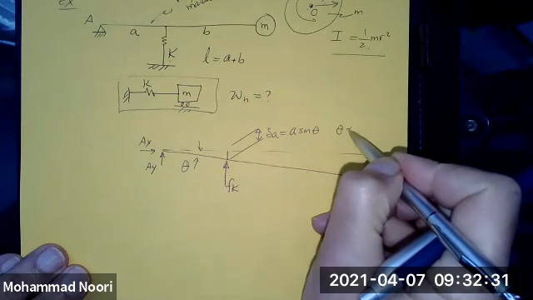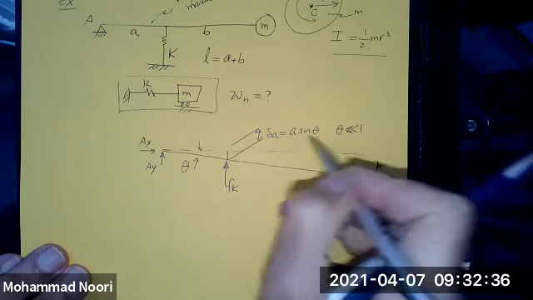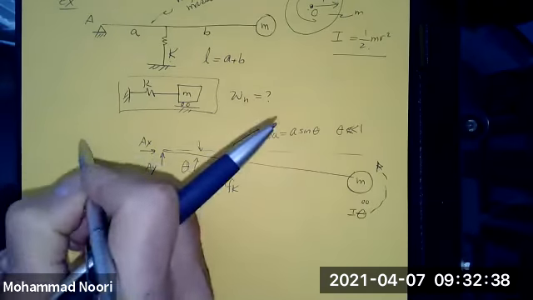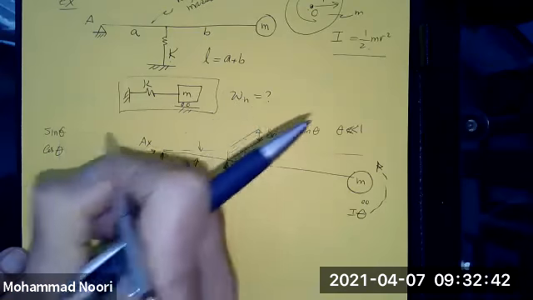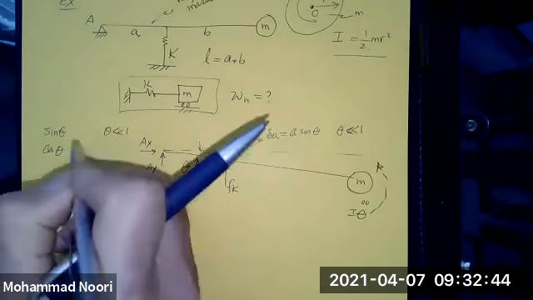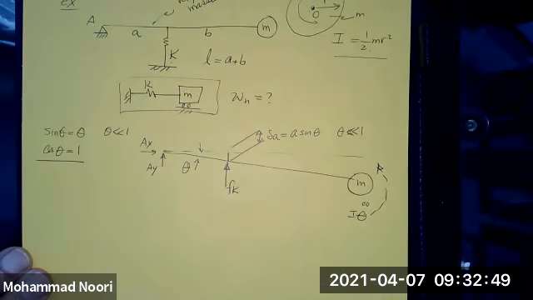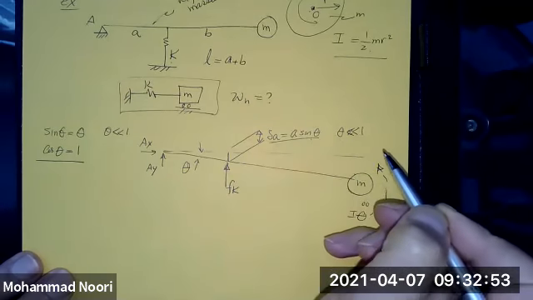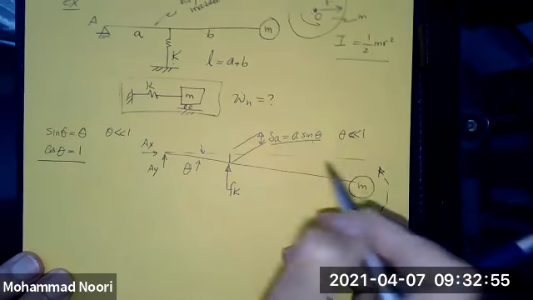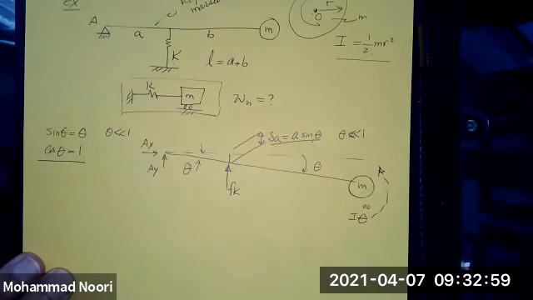However, if theta is very, very small, you remember sine of theta and cosine of theta: when theta is very small, sine of theta is theta, cosine of theta is 1. So I can approximate that this way. And so this is the free body diagram.